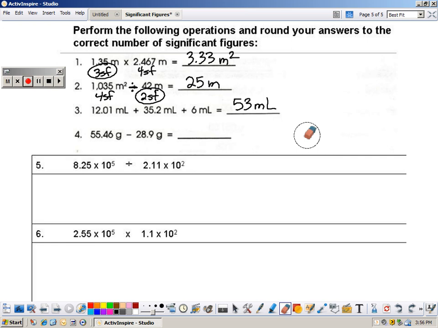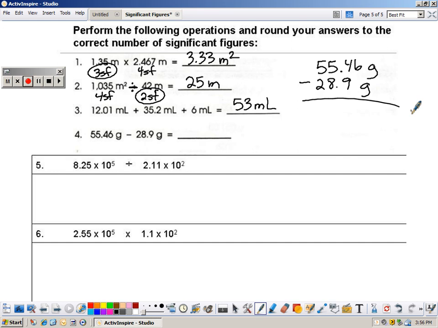All right, same rule applies for number 4. So we'll perform our operation. 55.46 grams minus 28.9 grams. Okay, subtract. Use a calculator. 55.46 minus 28.9.